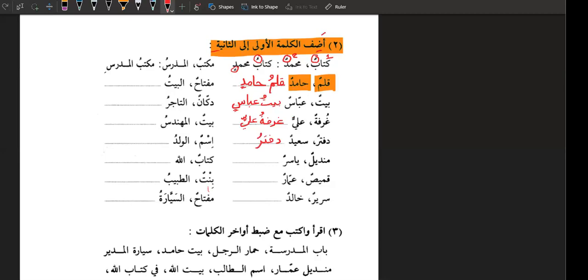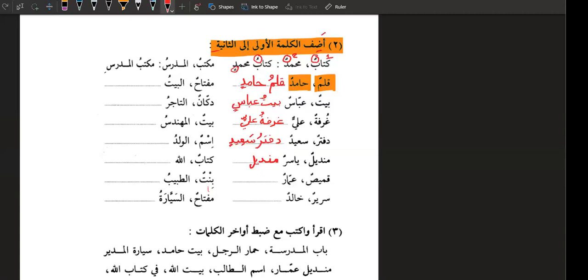So we say دفتر سعيد. ما معنى دفتر سعيد؟ Saeed's notebook. لوجين, منديل ياسر. نعم.